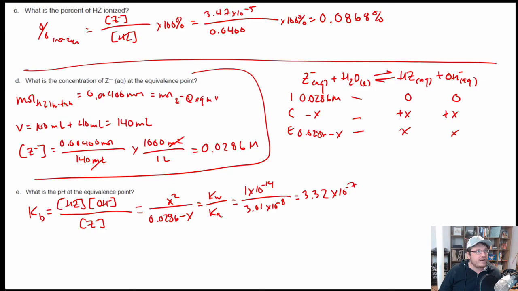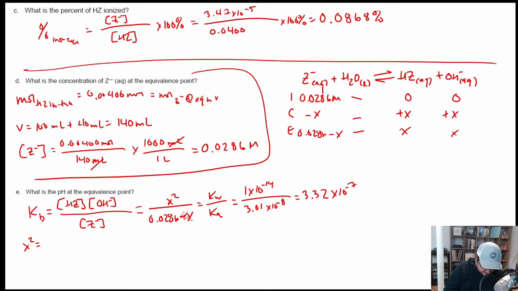So now we can solve for x, and we can do that by first trying out the 5% approximation. So I'm going to consider that x to be negligible. And so now what we have is x squared is equal to 3.32 times 10 to the negative 7 times 0.0286.